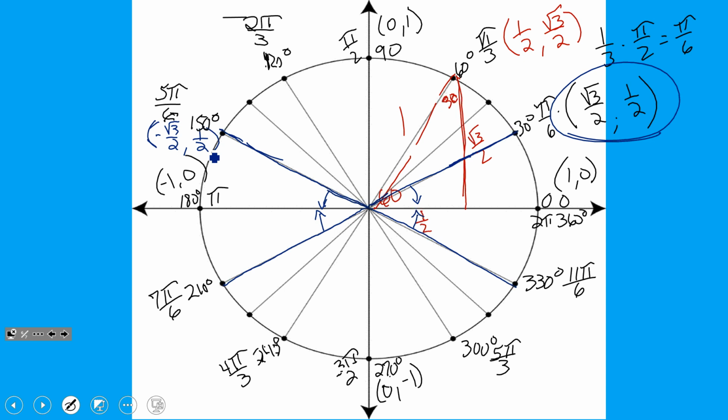Down at the 210, it's going to be negative square root of 3 over 2 and negative 1/2. Okay? On this side, at 330, it's going to be positive square root of 3 over 2 and negative 1/2.